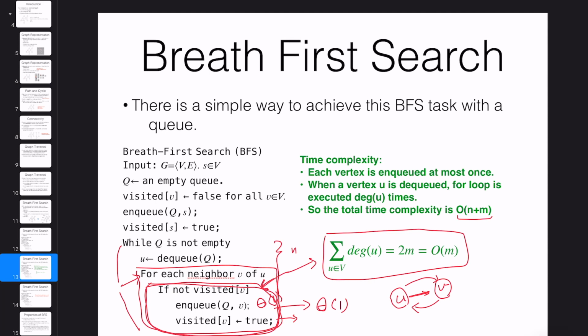Usually the number of edges is going to be greater than the number of nodes, but sometimes it might be smaller, right? If the graph is very sparse. So we usually write N plus M to make sure that you cover the full outer loop as well. So the time complexity of your breadth first search algorithm is going to be O of N plus M, the number of edges plus the number of nodes.